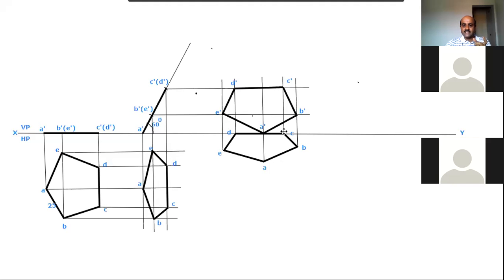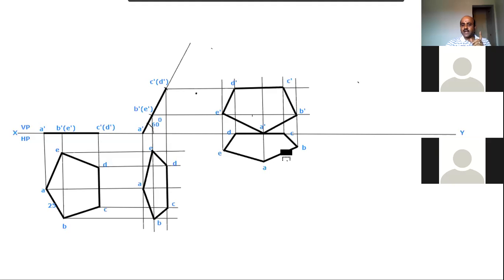The same on the C side: with C as a center, draw an arc. Are you following? Yes, sir. First, you draw the CD line, which you can draw easily. Now take a compass, measure DE. DE should always be equal to BC. With that radius, with D as a center, draw an arc here, and with C as a center, draw an arc.